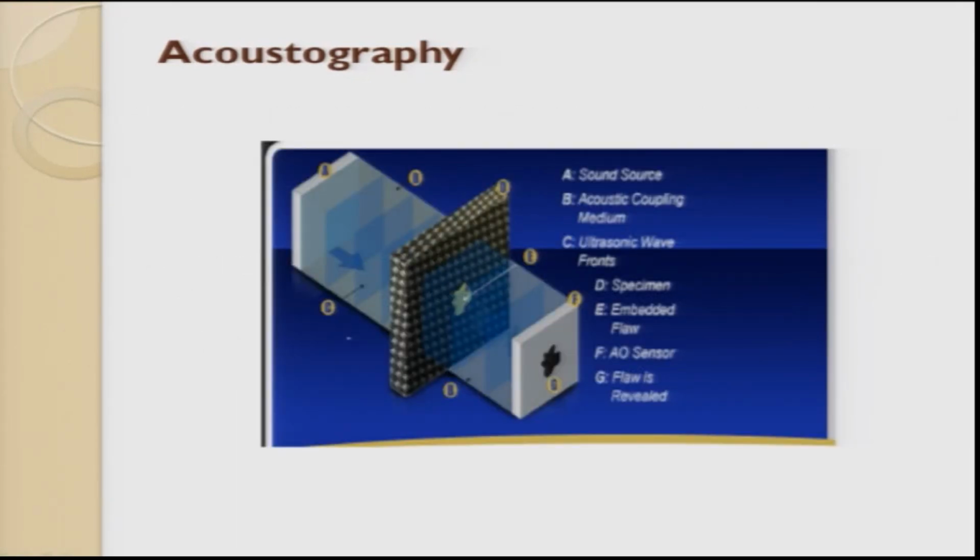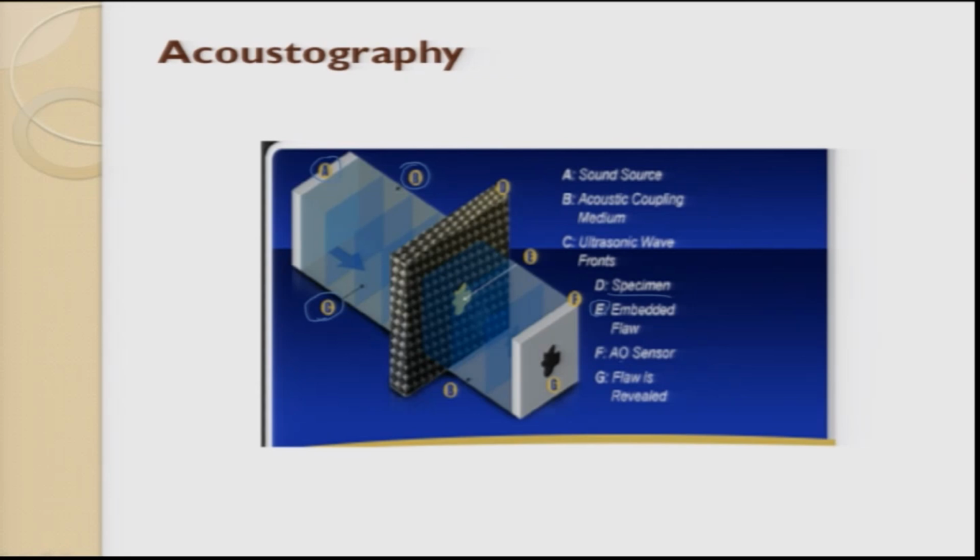So, this is what it is. You see the specimen here. A sound source A is there. Then you see the acoustic coupling media, which is B. Then we have the ultrasonic wave front, C, right? And then you have the specimen as D. Then there is an embedded flaw, which is E. F is the acousto-optical sensor, the AO sensor.